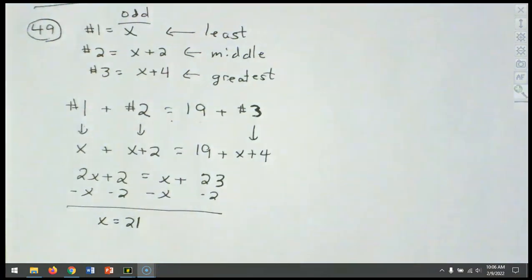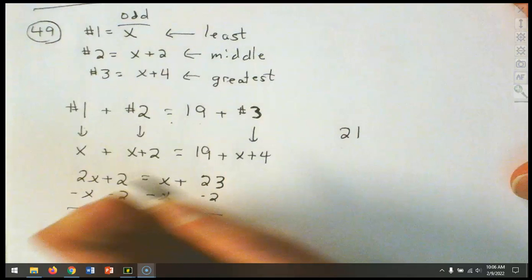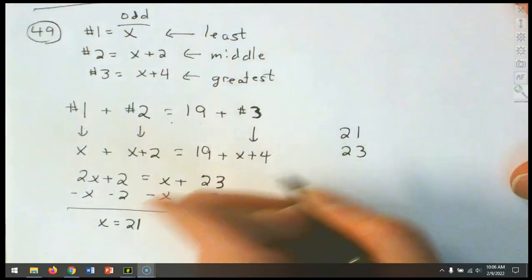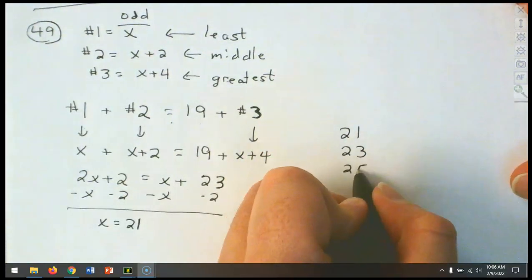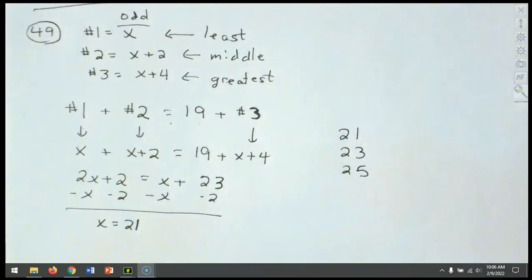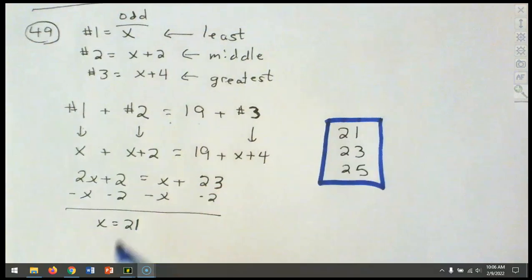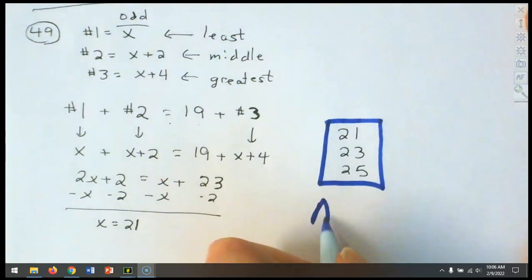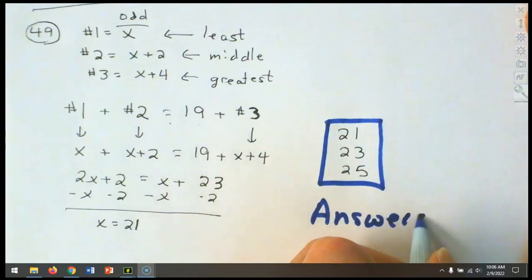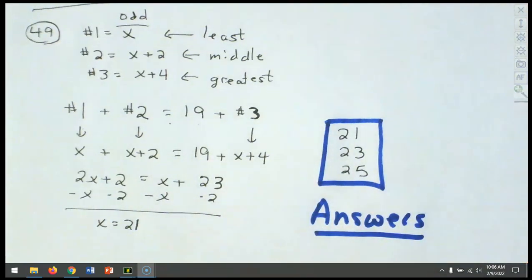Okay, and what are our 3 answers going to be? Yep, 21, add 2 more, 23, add 2 more, 25. Those are my 3 answers. So that's how you work that one out.